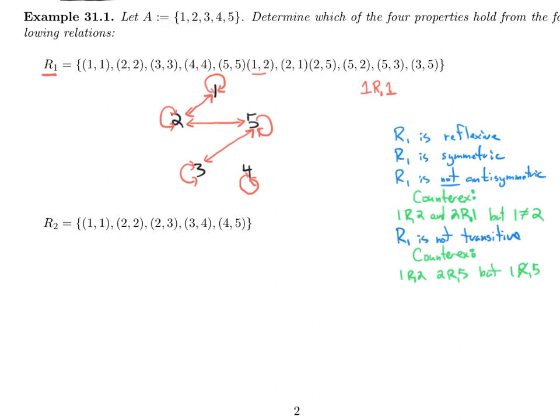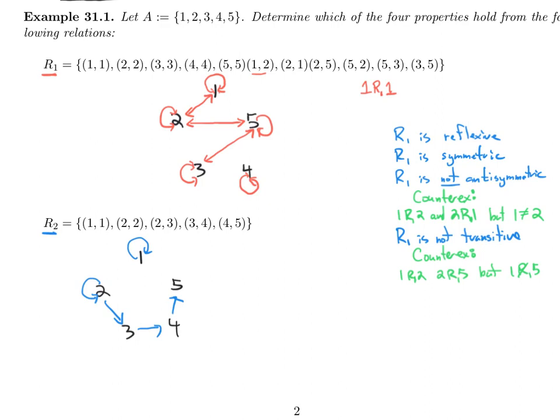Okay, we have, again, 1, 2, 3, 4, 5, R2. Let's do R2 in a different color. How about blue? R2 will be in blue. We have 1 is related to 1, 2 is related to 2, 2 is related to 3, 3 to 4, 4 to 5. So, let's see.